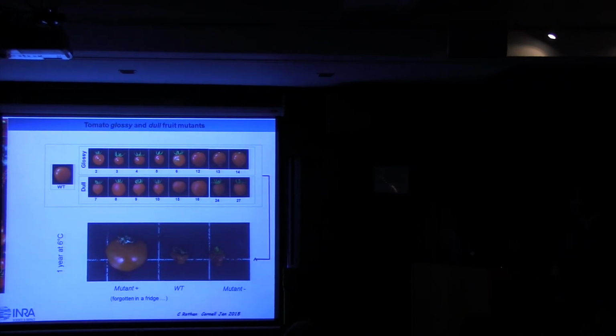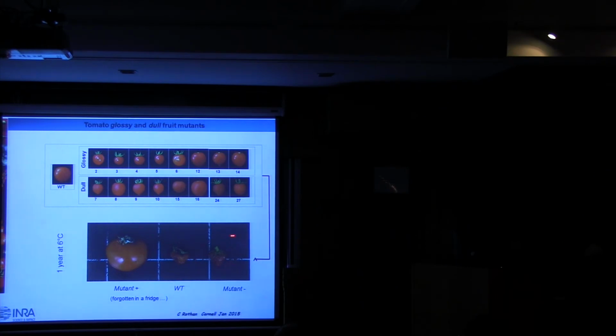And just to give you an example of how interesting it can be for biotech application later, this is, Johan is working very well, but he may have forgotten some tubes in the fridge. And this is a wild type mutant 1 year after being in the fridge.